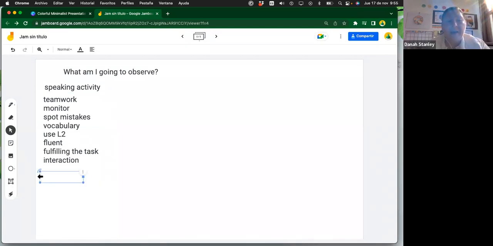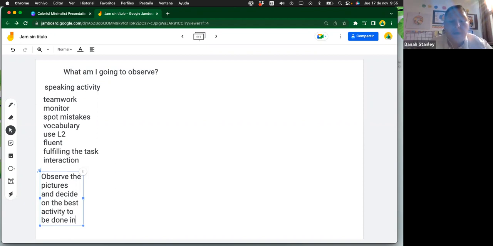So if I share the objective, in this activity we are going to do this and we are going to do that. We deliver the instructions. For example: observe the pictures and decide on the best activity to be done in the city.